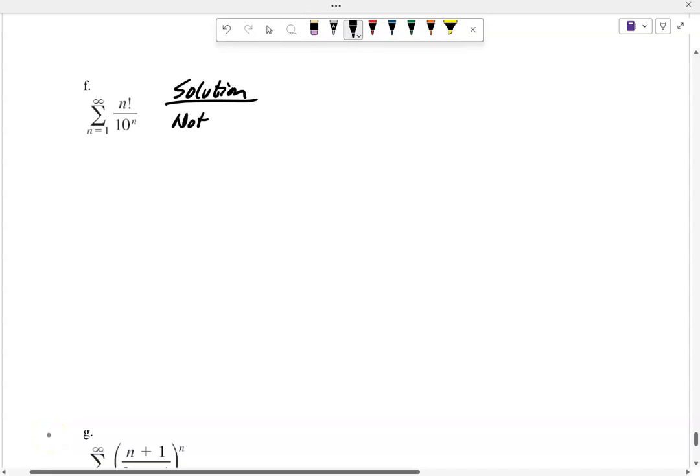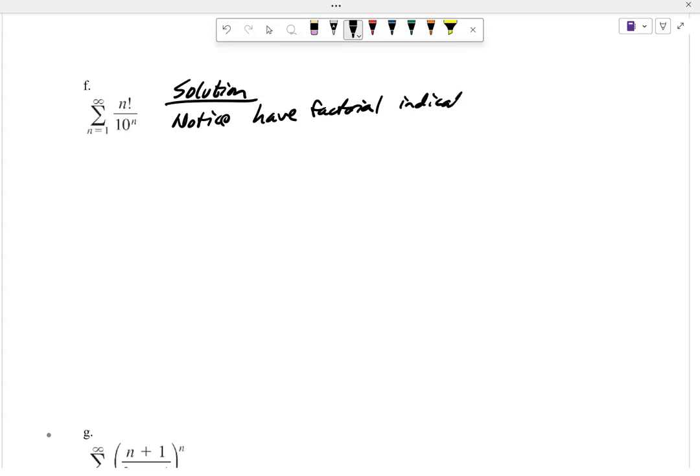Well, in this one, I'm noticing in this nth term we have a factorial here, indicating the ratio test may work well for us. So let's go ahead and run this ratio test.